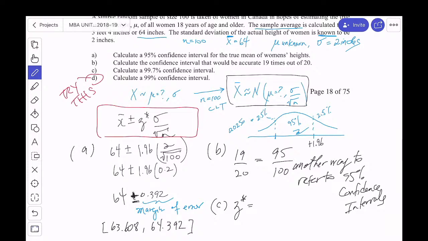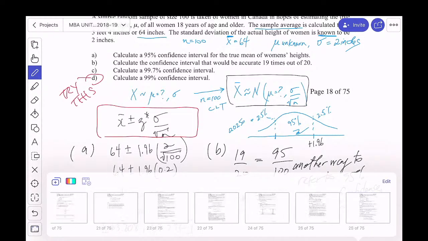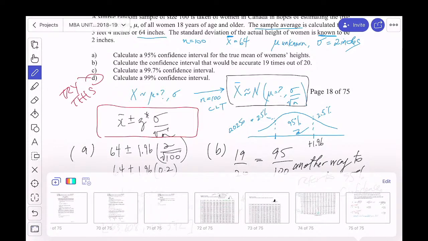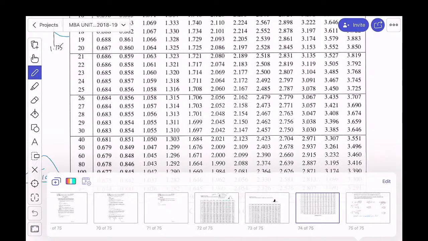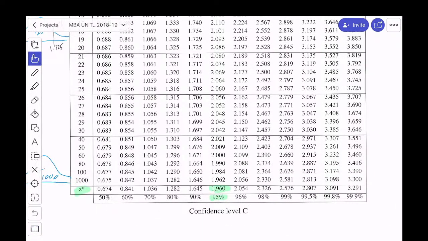Okay, I'm back. So how'd you do? So for 99% confidence, the critical value from the table, the t-table, is 2.576. So that's the one you're going to use. Okay, so that's the easiest. 2.576.